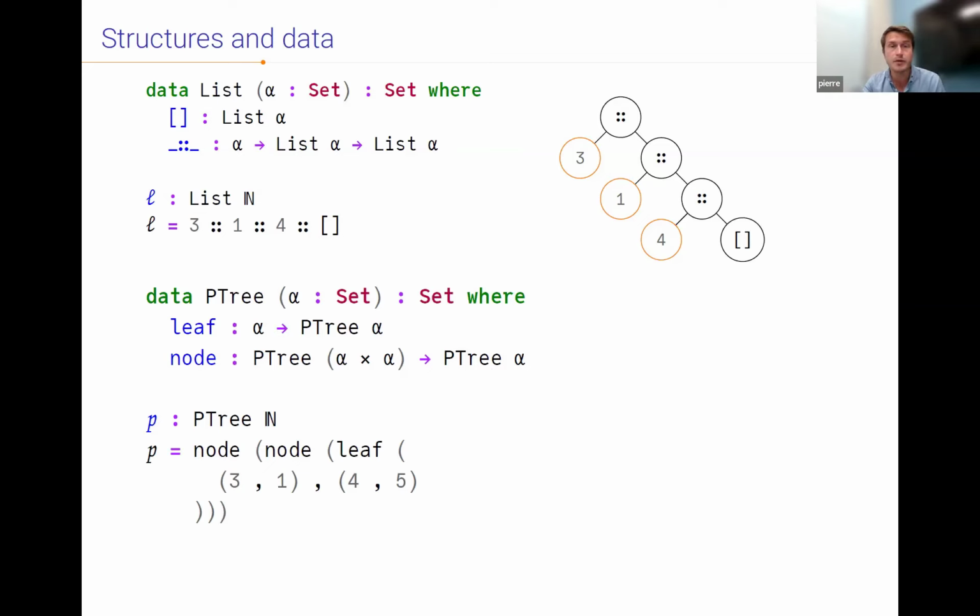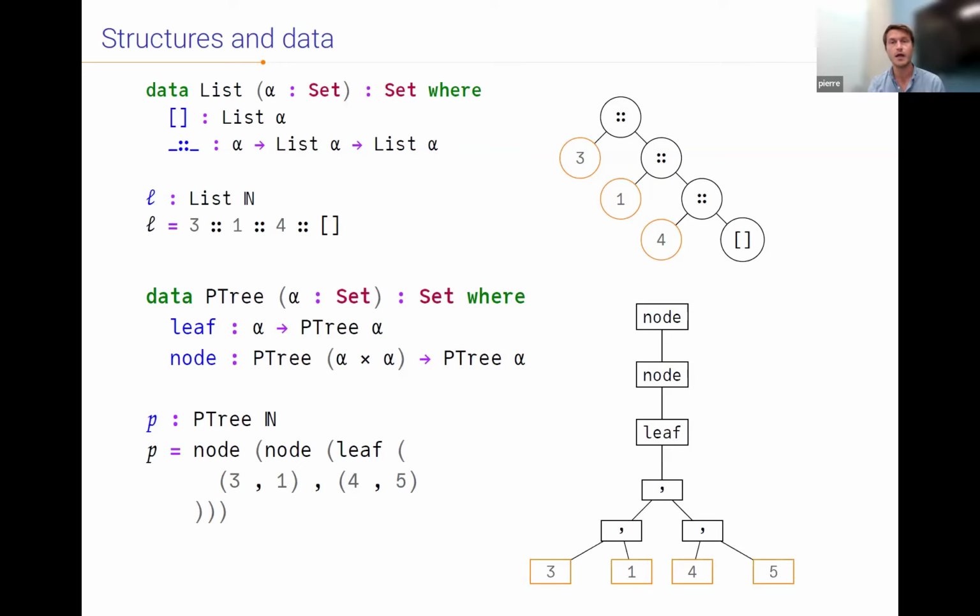But if I have an element of that data type as a specific instance, here n, I can have the same mental picture as before. It's just a little more involved, but I still have a tree in which the internal nodes are the constructors which are involved in my term P, and the leaves are the data. And so here my internal node contains, well, node, leaf, and also the comma, which is used to define the pairs in the product type.